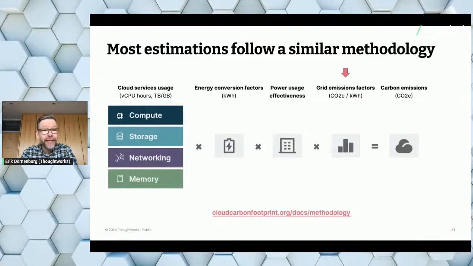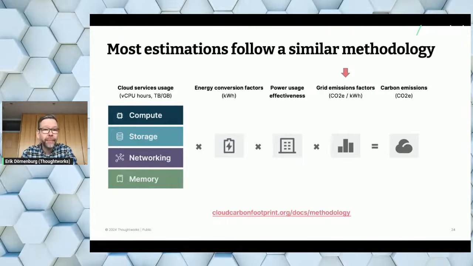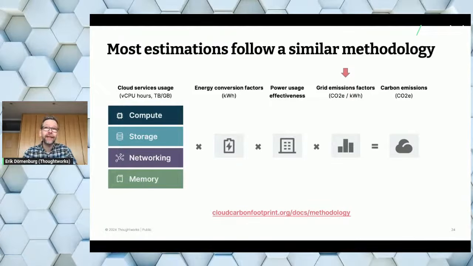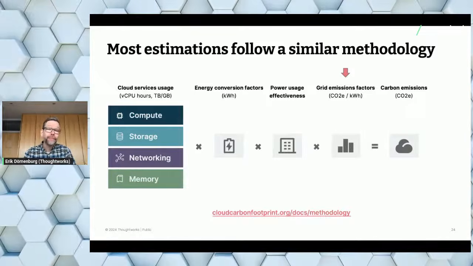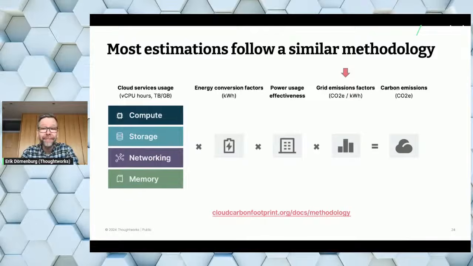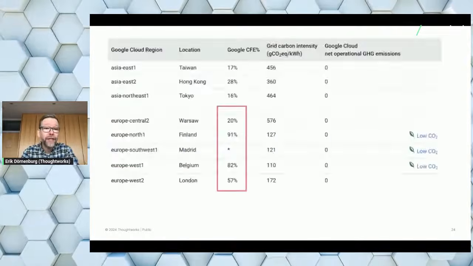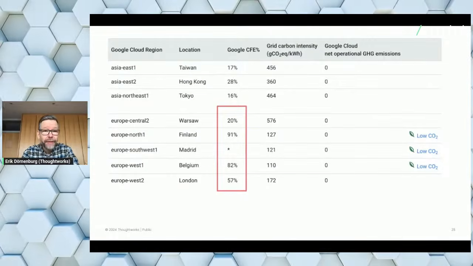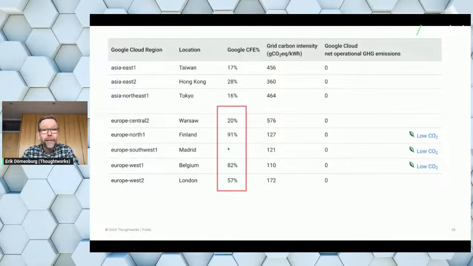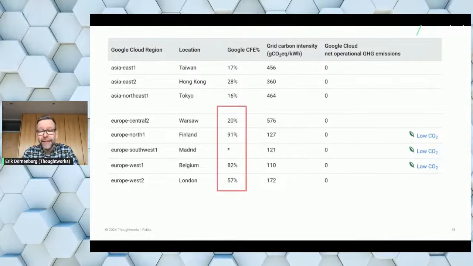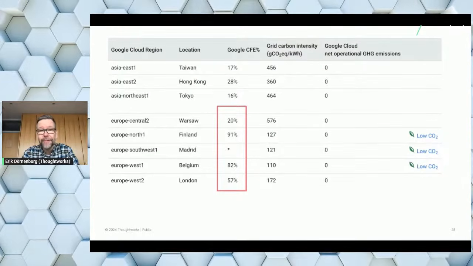Here again, you can use data that I showed you earlier, like Electricity Maps, and make assumptions about the data centers and that the electricity mix they consume correlates to the electricity mix in the region or country that you know about. Ideally, you would get information like this that Google did provide many years ago about the carbon-free energy in their specific data centers, in the availability zones.